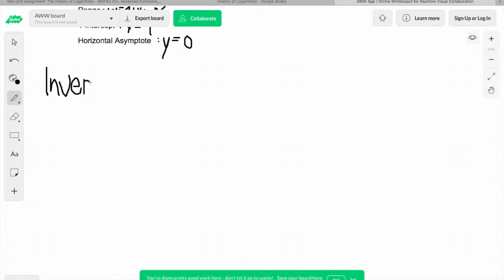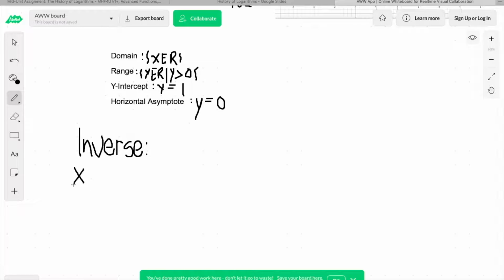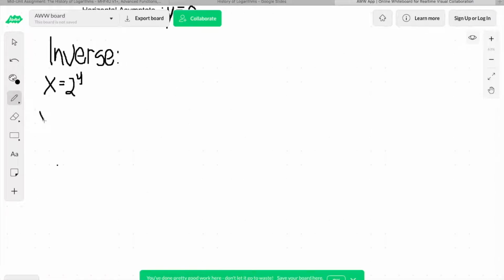Next, we're going to look at the inverse of an exponential function. You would write the inverse as x equals 2 to the power of y. Then, in order to find the inverse, we would usually isolate for y. But since y is an exponent, this is really hard.